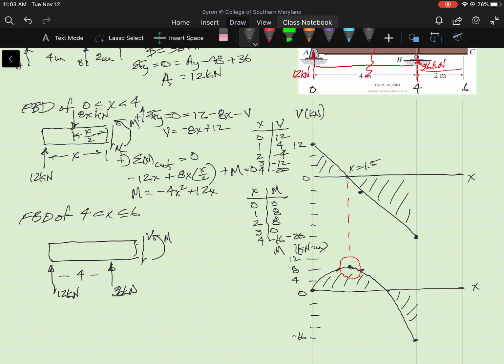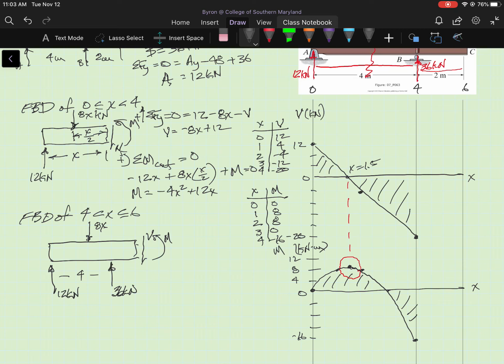And the 8 kilonewton distributed load, I'm going to show just like I did on the previous free body diagram. I can represent that by a single force whose magnitude is 8x.